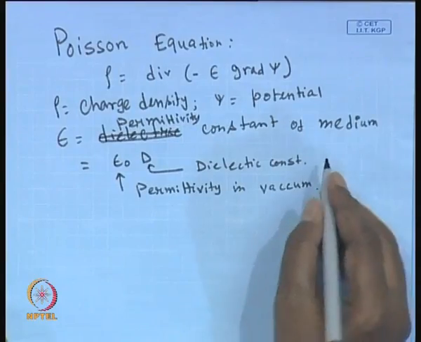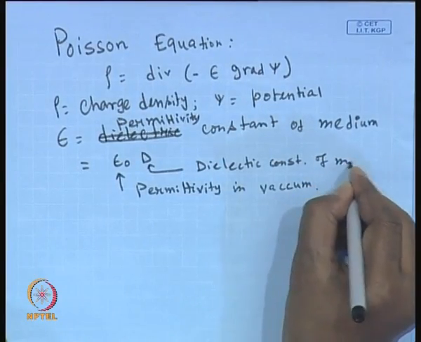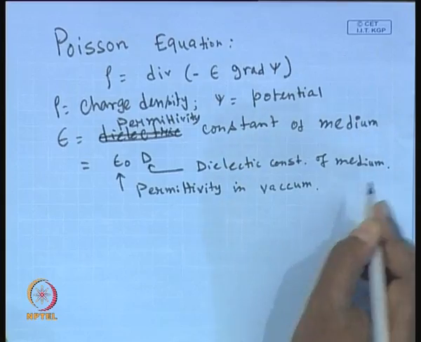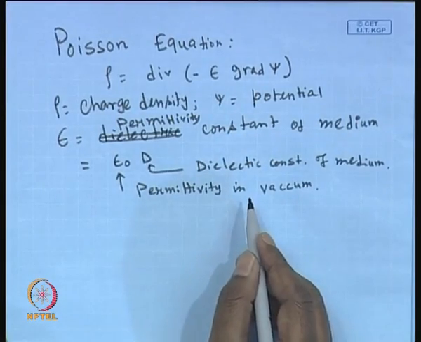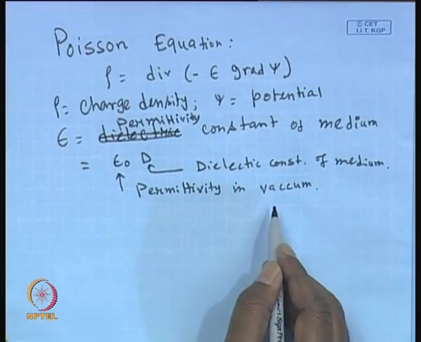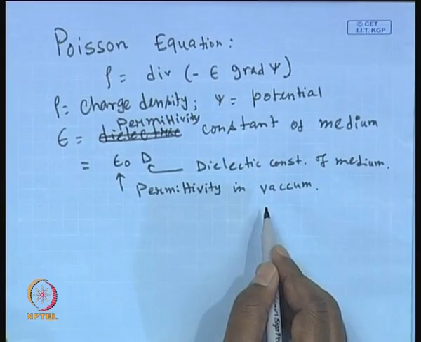Okay. So, dielectric constant of medium, and for water what is the value of dielectric constant? It is 80, that is correct, and permittivity of vacuum is 1 by 9 into 10 to the power 9, something like that. Okay. So, we will look into that.